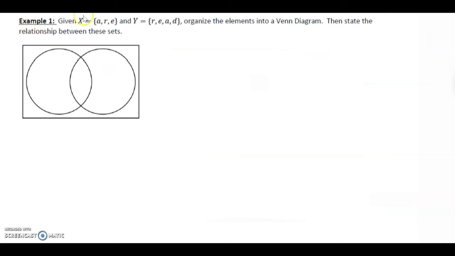Example 1. Given X equals A, R, E and Y equals R, E, A, D, organize the elements into a Venn diagram, then state the relationship between these sets.